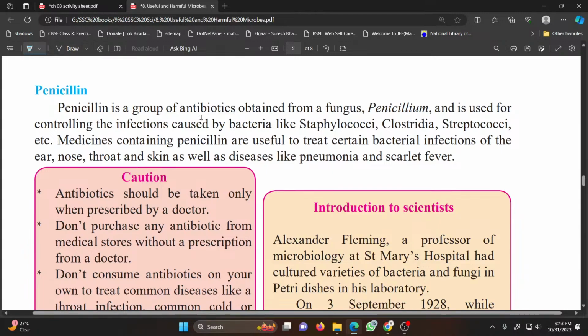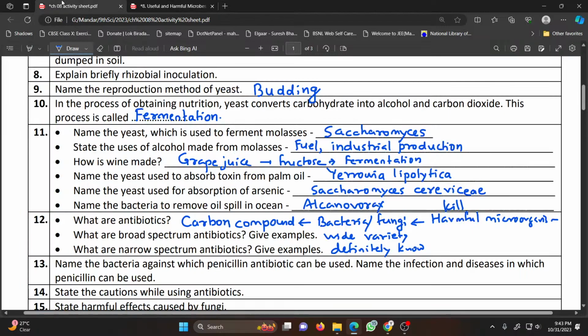Penicillin is used in infections like ear infection, nose infection, throat and skin infection, as well as infections like pneumonia and scarlet fever.